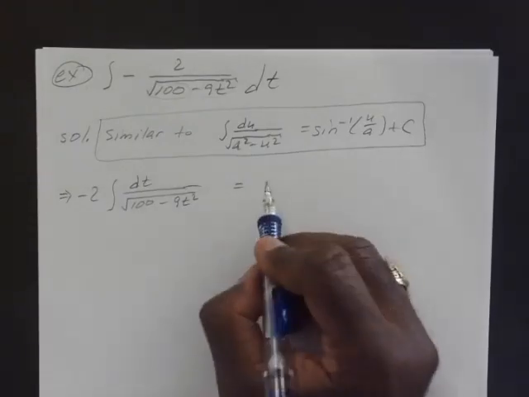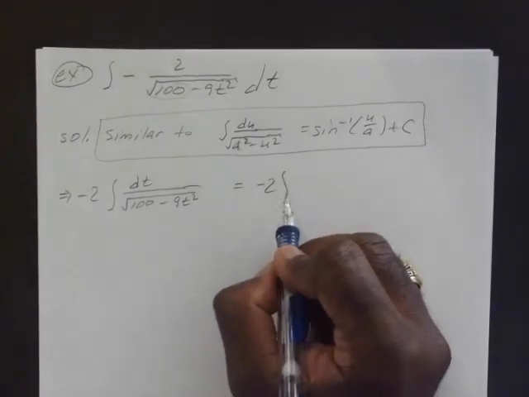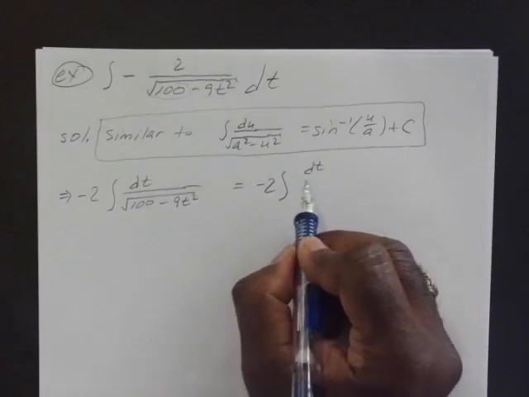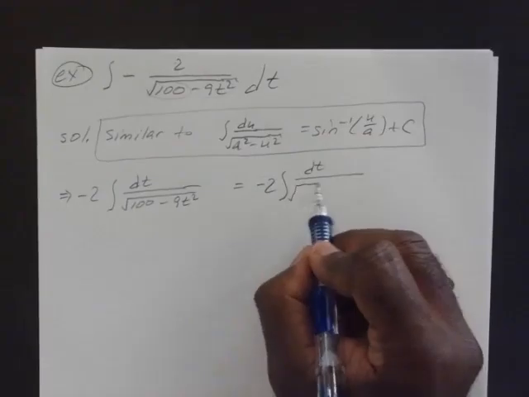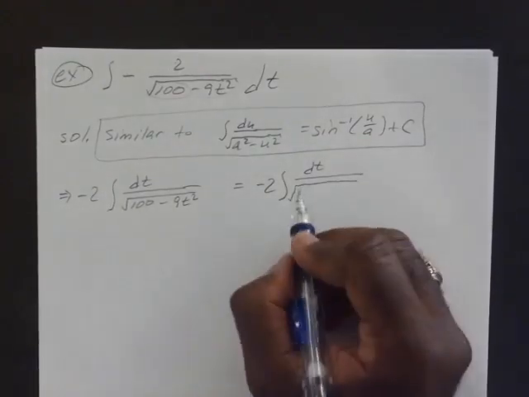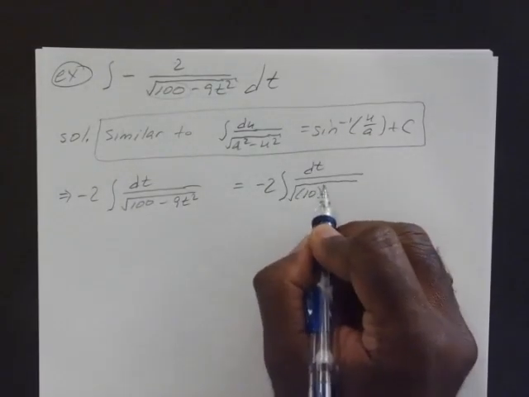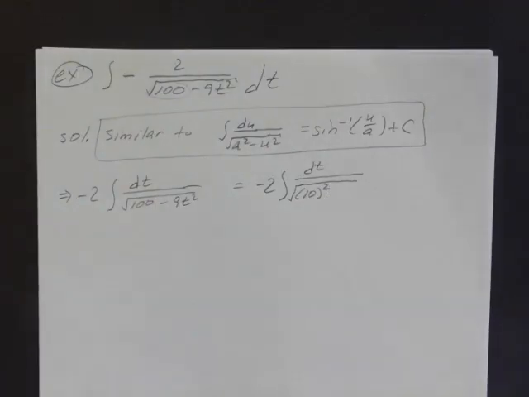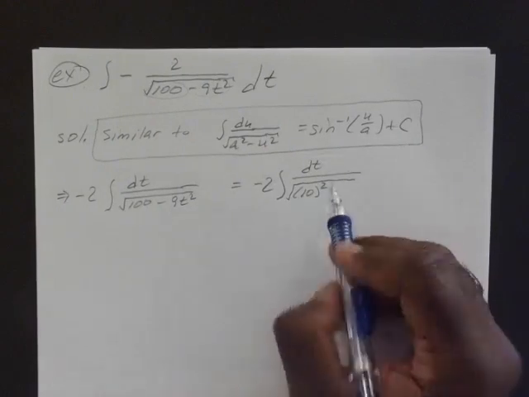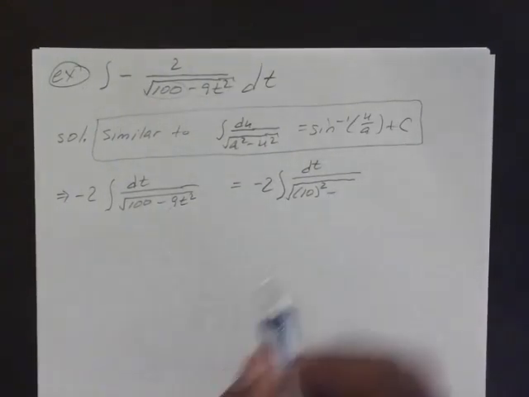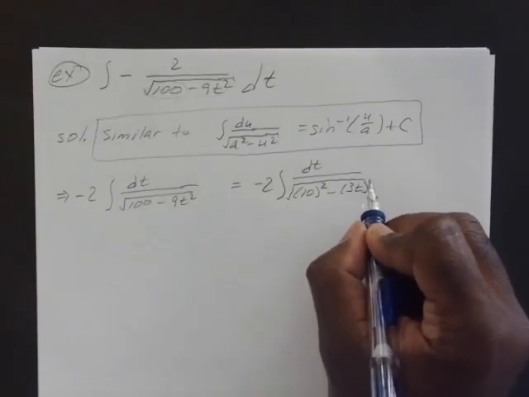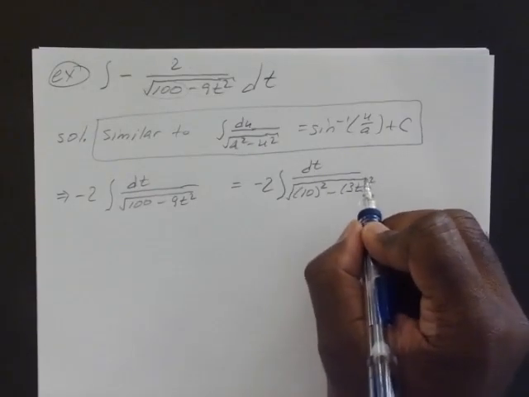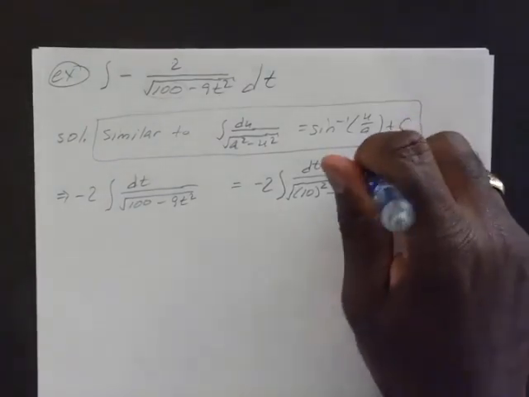We can rewrite that as -2 times the integral of dt divided by the square root of, and that 100, we can make that 10 squared. 10 times 10 is 100. Minus, and that 9t squared, we can rewrite as 3 times t, and that whole thing squared.